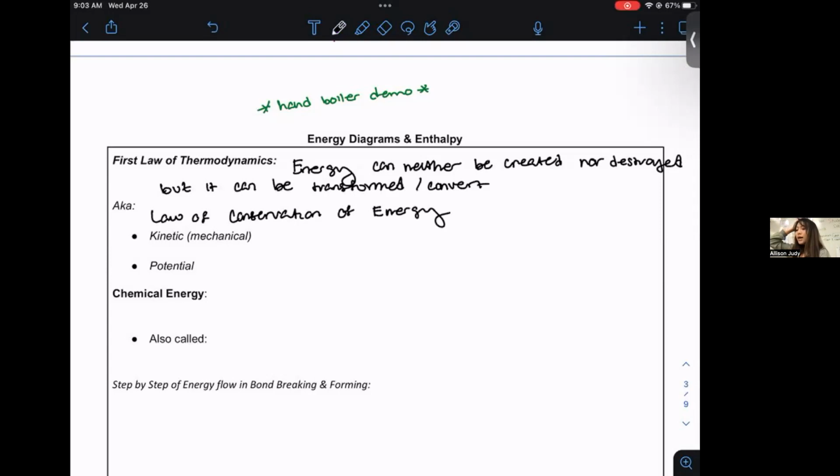Okay. So kinetic, or mechanical, is one of the big categories of energy. For us, we care about kinetic energy in terms of motion and temperature, as well as heat. That's our focus as chemists.